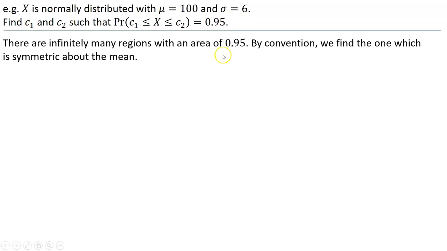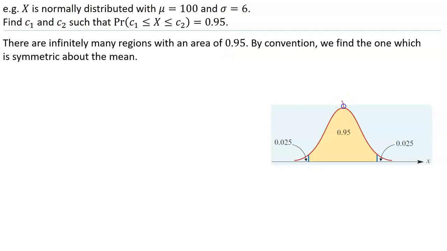I can also find 2 values in certain cases. So I've got the same normal distribution as I had before. Now I've got 2 values, C1 and C2, such that the probability that x lies between C1 and C2 is 0.95. Now, there are an infinite number of regions that have an area of 0.95 under the normal curve. But what we do is we find the one that's symmetric about the mean.